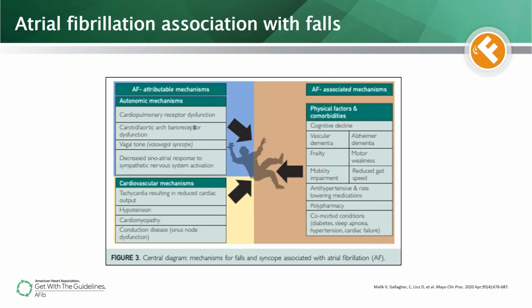And atrial fibrillation-associated mechanisms: physical factors and comorbidities, cognitive decline, vascular dementia, frailty, motor weakness, mobility impairment, reduced gait, antihypertensive and rate-lowering medicines, polypharmacy, and comorbid conditions such as diabetes, sleep apnea, hypertension.